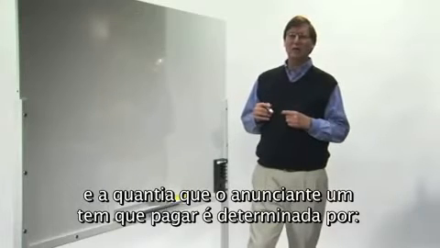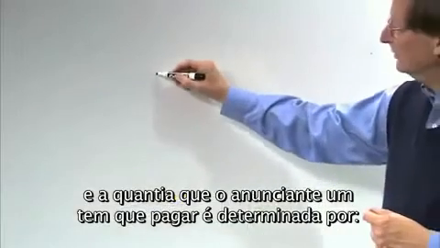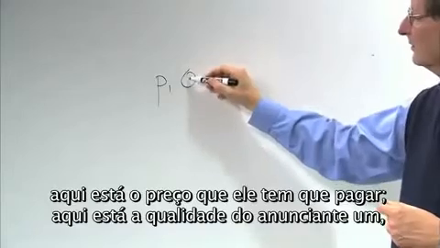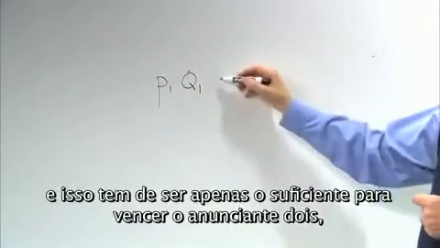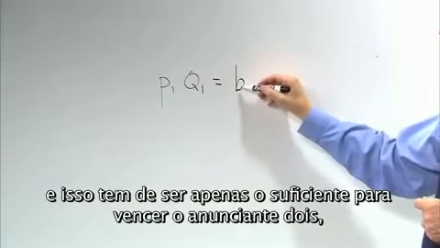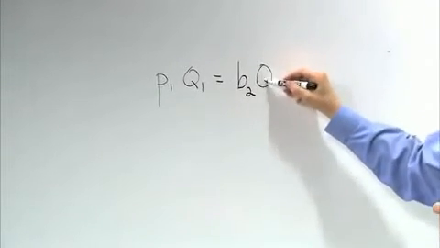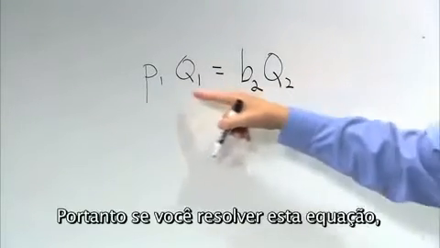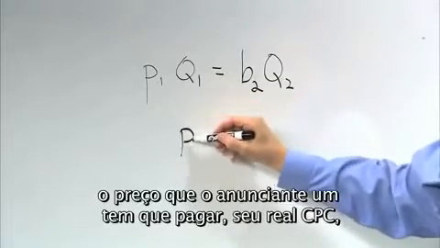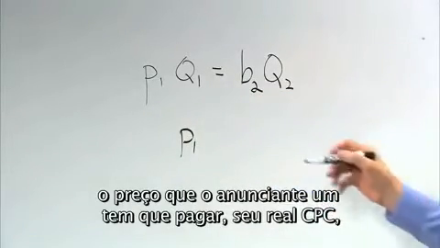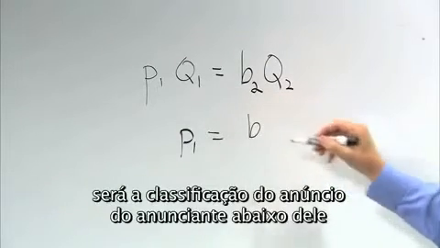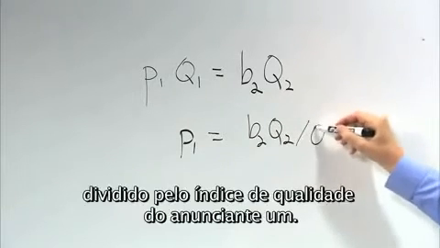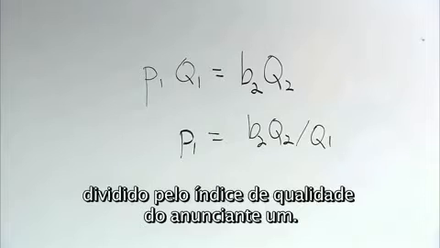The price he has to pay, times the quality of advertiser 1, is going to be just enough to beat advertiser 2, who bids B2 and has quality level Q2. So if you solve that equation, the price that advertiser 1 has to pay, his actual CPC, is going to be the ad rank of the advertiser below him divided by the quality score of advertiser 1.